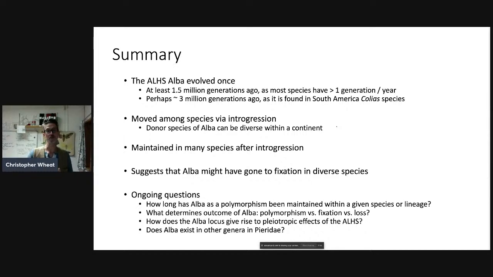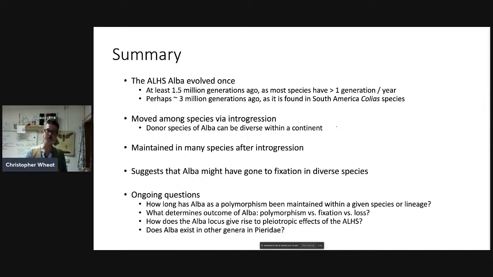So it's many generations ago, probably much farther back in time, because Colias species in South America also have Alba segregating. And the last time South American Colias shared an ancestor with the rest of Colias around the world was probably over 3 million generations ago. So all of a sudden now, Alba, this alternative life history strategy, looks like it's quite old.